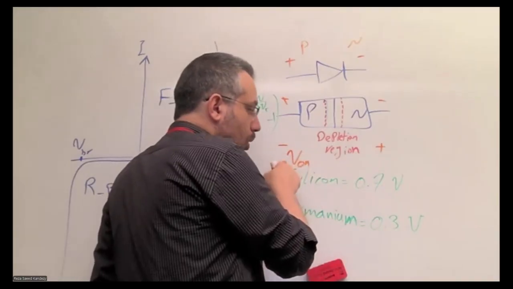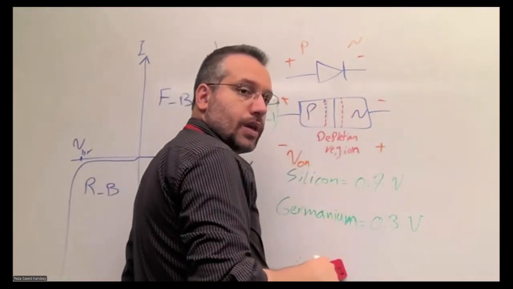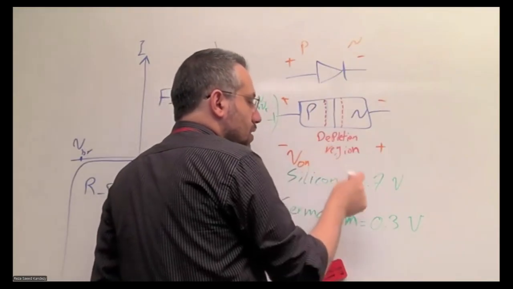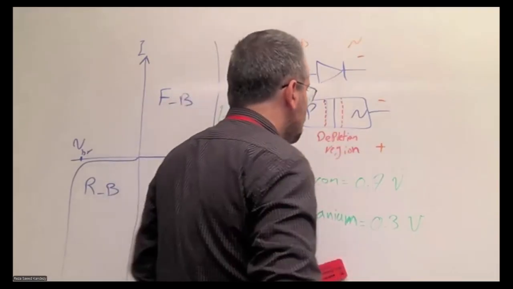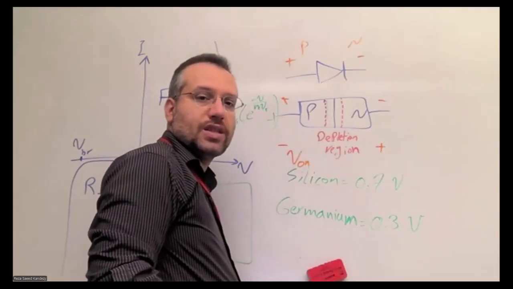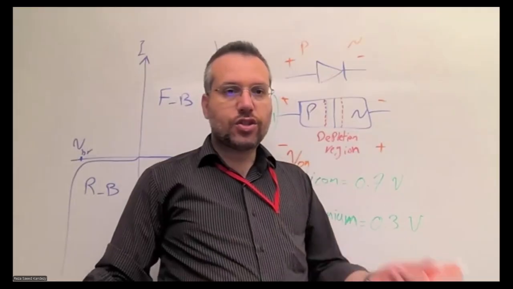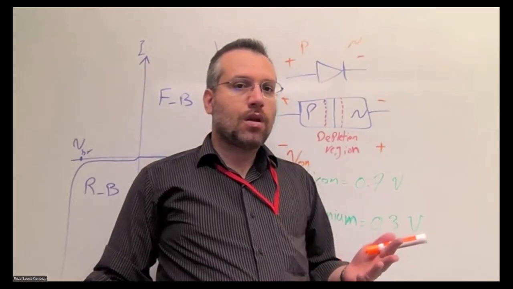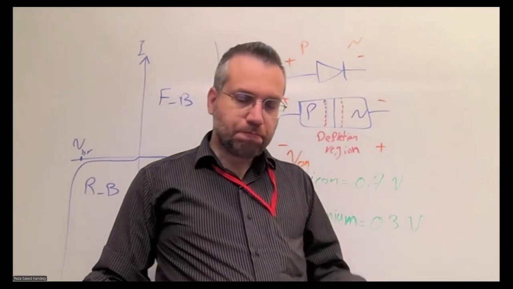This is the minimum voltage that we need to apply in forward bias across the diode so the depletion region is thin enough that the charges can move from the P semiconductor to the N semiconductor. Now, this is the general meaning of the forward bias and reverse bias of the diodes.